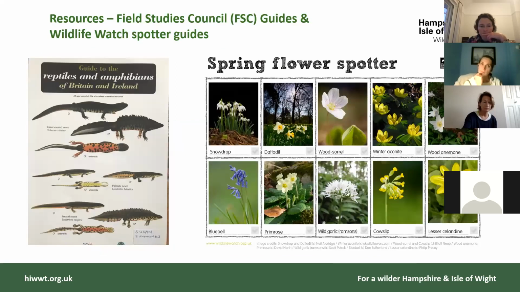So some of the resources then, we've talked about these Field Studies Council guides, and this is another one on the left here for reptiles and amphibians. So talking about our newts, this is a really nice one that shows you very clearly how to tell the difference between those three newts there. And you have to look underneath their tummy and you will see some really lovely markings.